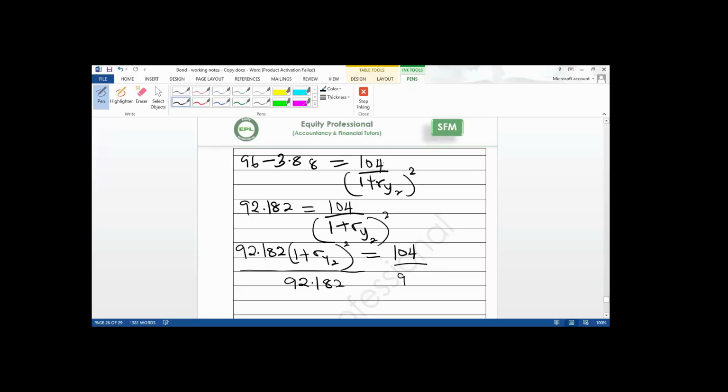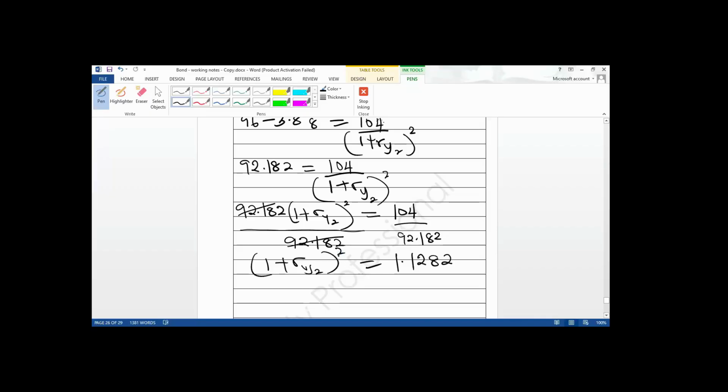This cancels out. We are left with 1 plus R in year 2 raised to power 2 is equal to 104 divided by 92.182. We are going to get 1.1282.